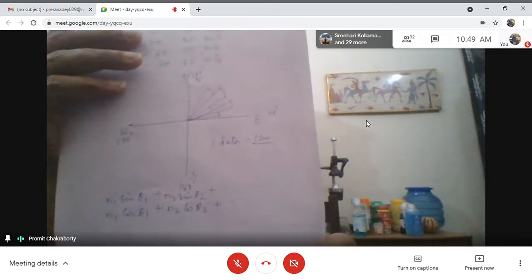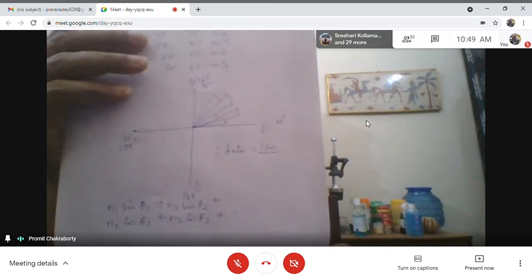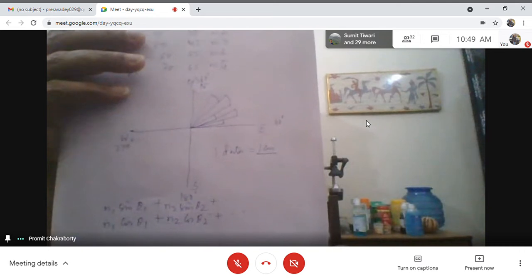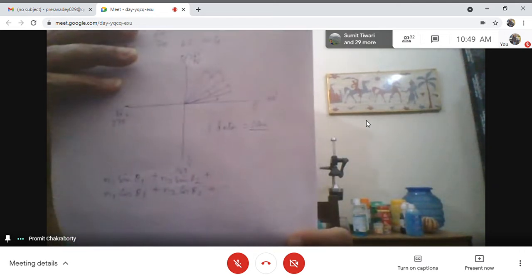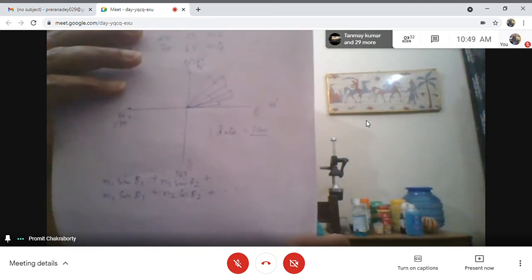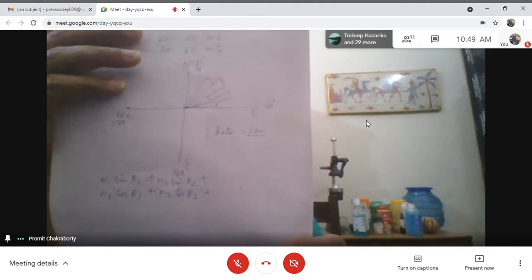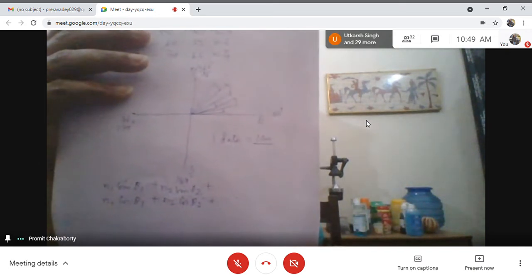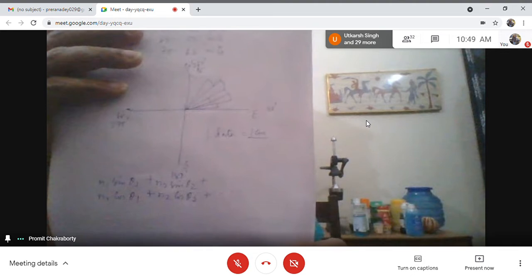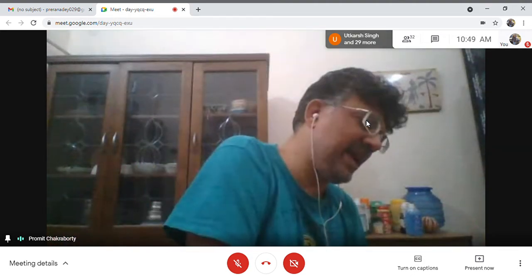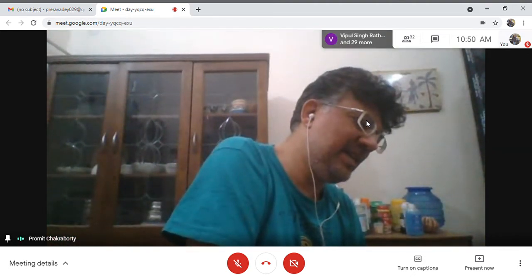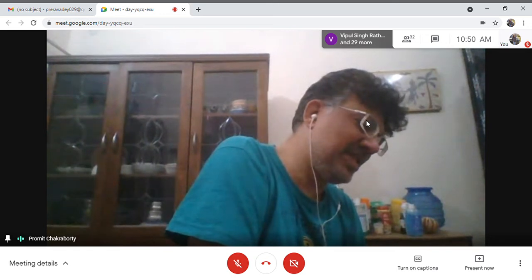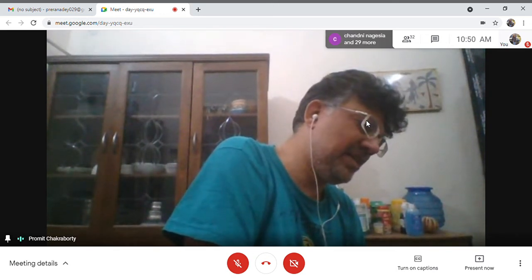Where theta 1, theta 2 is the midpoint of the class interval. Okay? So what you finally get? You get sigma ni sine theta i and sigma ni cos theta i.